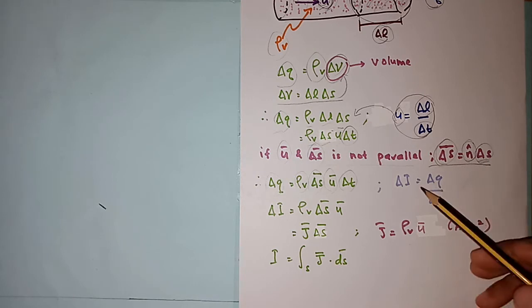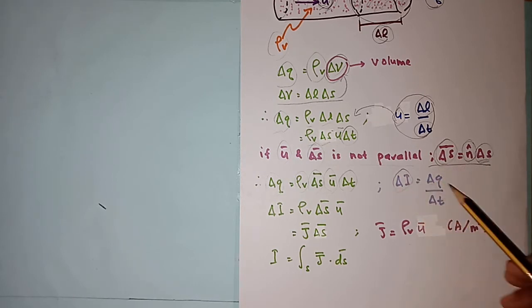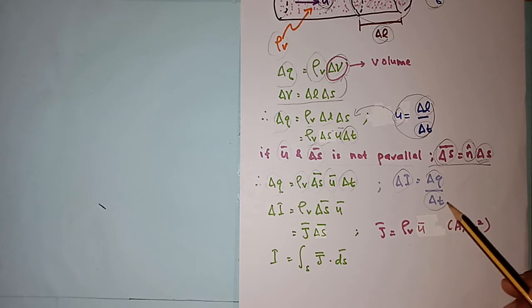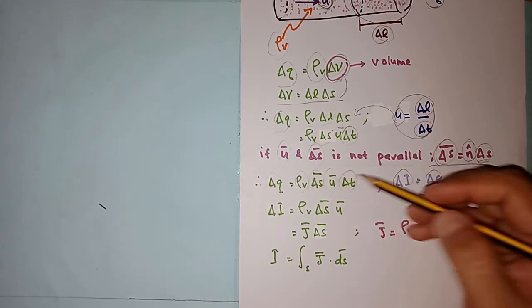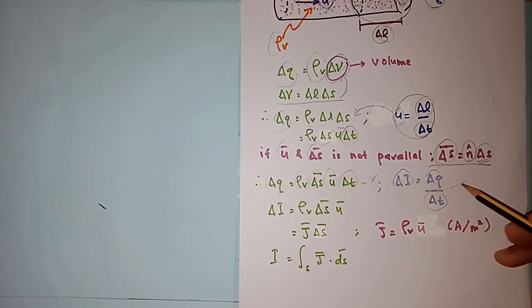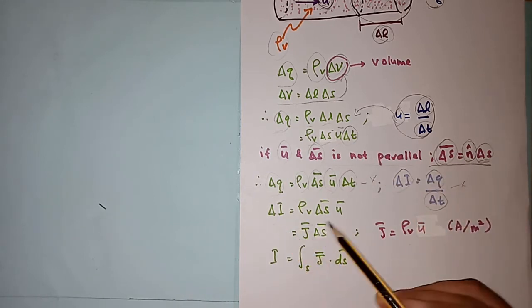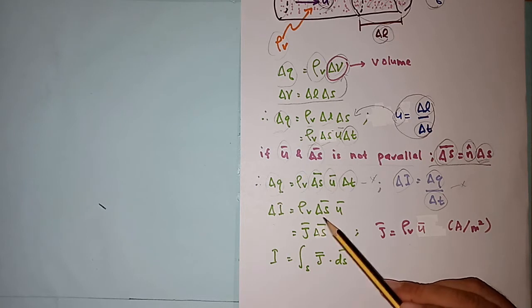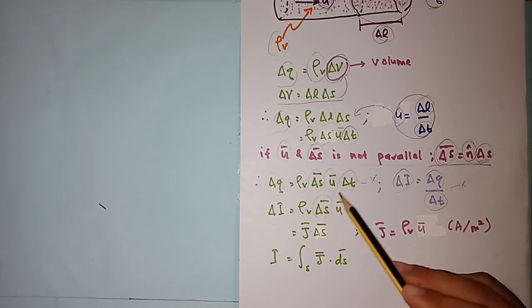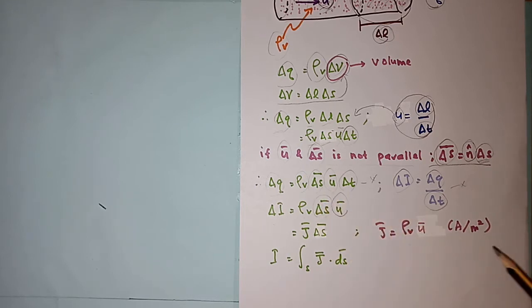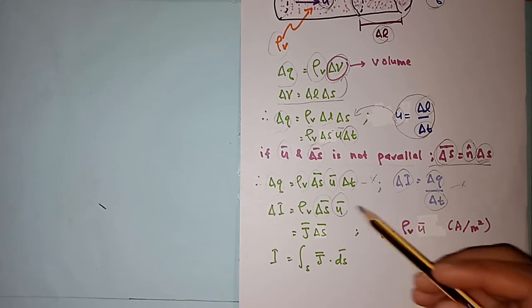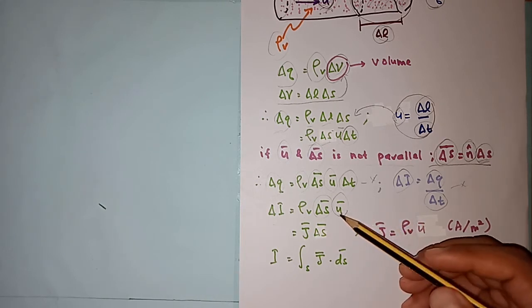As we have known before, delta I is equal to delta Q divided by delta t. Therefore, by considering these two equations, we have delta I is equal to rho V, vector of delta S multiplied by the vector of u. Then we will introduce another vector here.